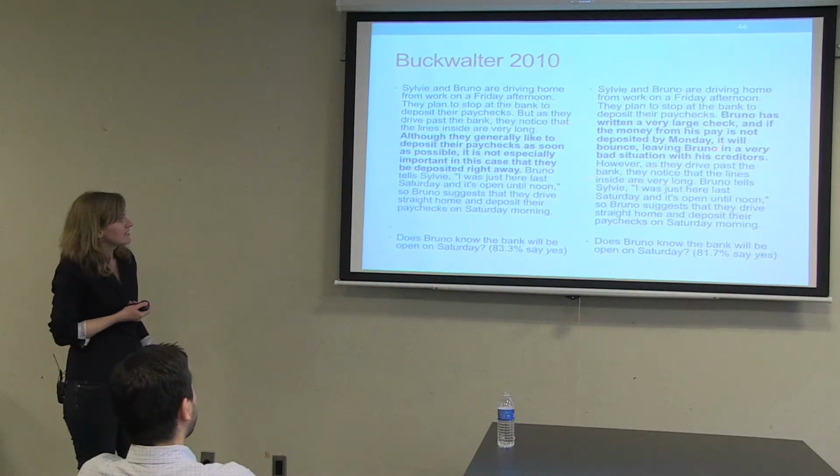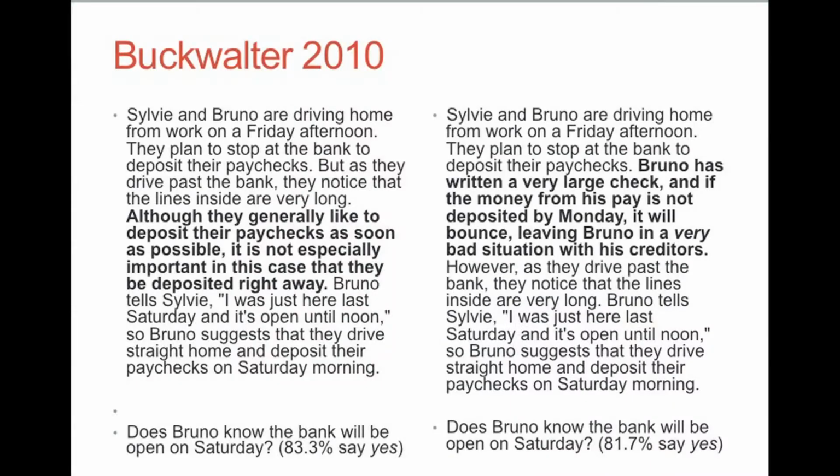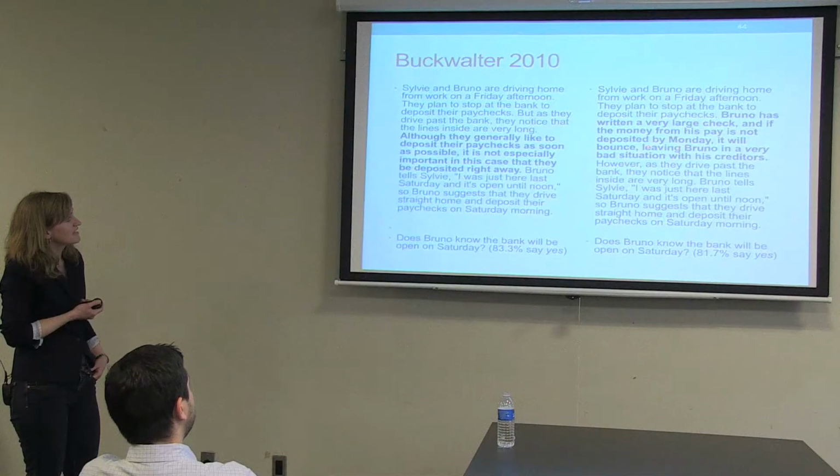So here's the between subjects design that Buckwalter pursued, and it's kind of like that Jason Stanley case. Again, the bolded text marks the change in explicit stipulations from low stakes to high stakes.